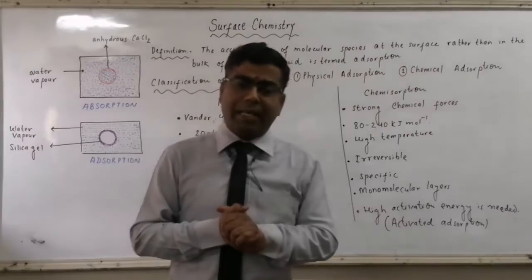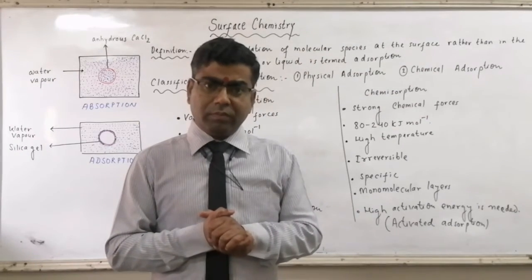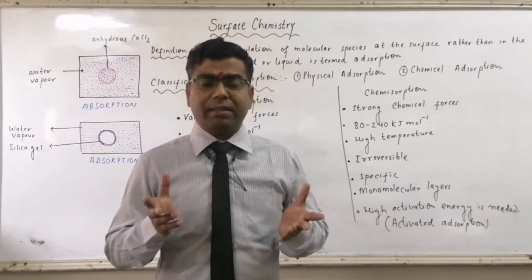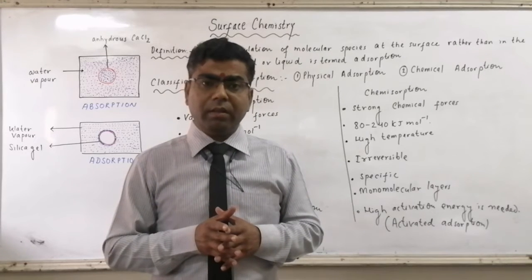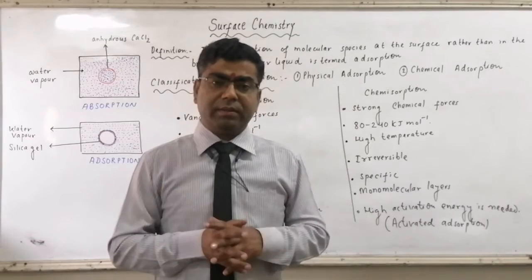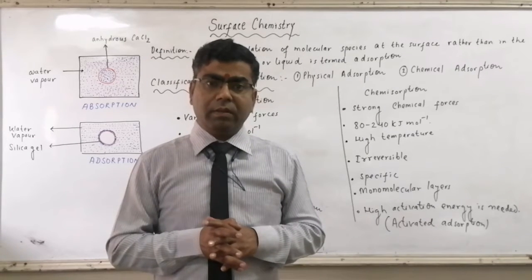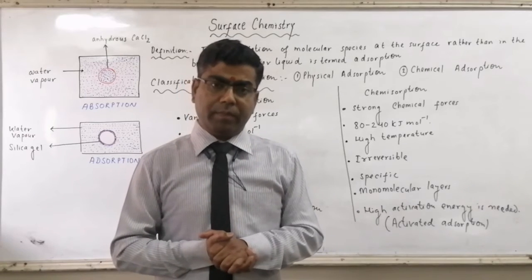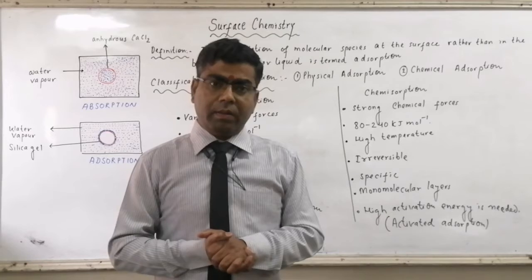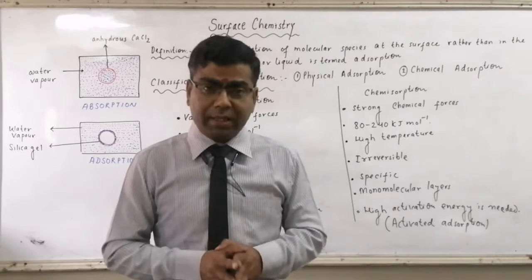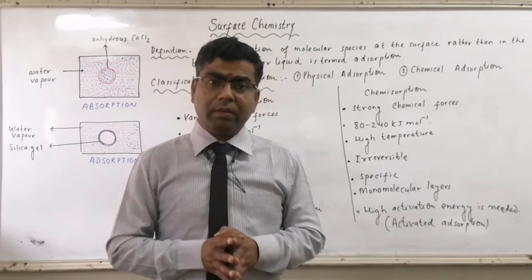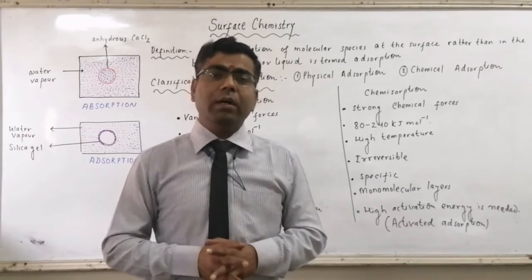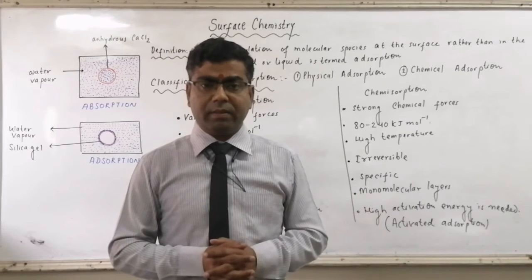Whenever we talk about silica gel, then the atoms of silica gel, or we can say silicon, present at the surface have some unutilized valencies, and to satisfy this unutilized valency, the adsorbate particles get adsorbed over the adsorbent surface.